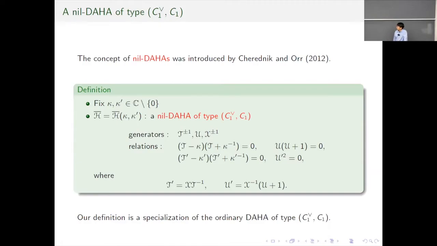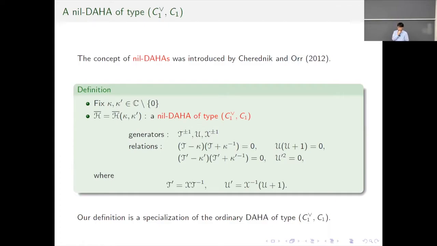When I was at Tohoku University, Hajime Tanaka and I tried to find such an algebra, but at that time we realized that Cherednik and Orr introduced certain degenerate DAHA, the so-called nil-DAHA, in 2012.